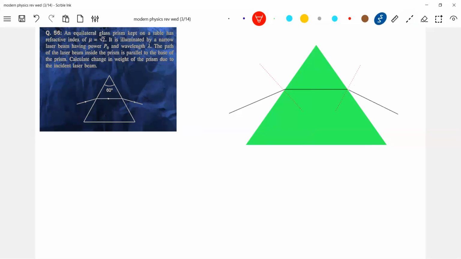The angle of prism is given as 60 degrees. There's an incident ray, a refracted ray, and an emergent ray. R1 is the refracting angle, R1, R2. First we'll find out: R1 plus R2 is equal to A, and R1 equals R2. So therefore, 30 degrees. It's at minimum deviation.